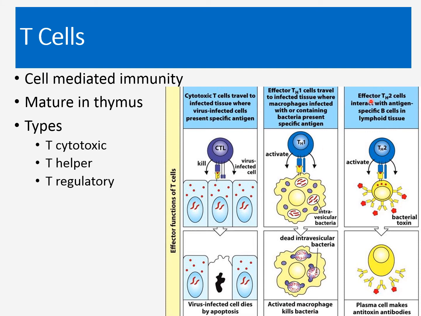On the other hand, T helper 2 cells interact with antigen-specific B cells and activate them, causing them to make plasma cells which release antitoxin antibodies to neutralize the toxin in the lymphoid tissues. The third type of T cells are T regulatory cells, which are involved in regulation of the immune response by immune suppression.